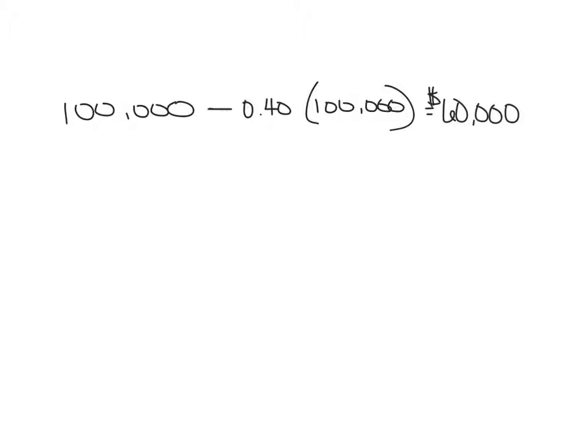Now what we're trying to figure out is what the percent increase on the 60% needs to be in order for him to get his 100,000 back. So this is what it's going to look like. We have his 60,000. We're not even going to mess with that, okay? But we're going to have to add his percent increase.